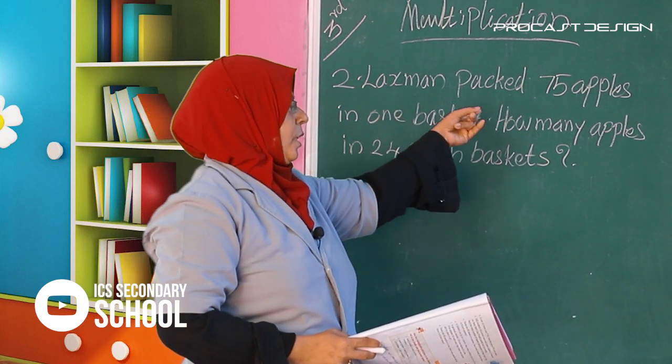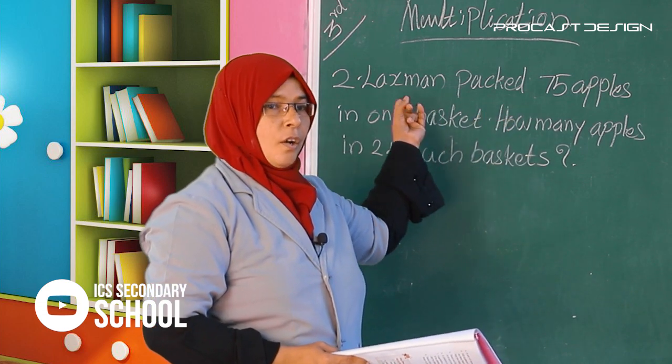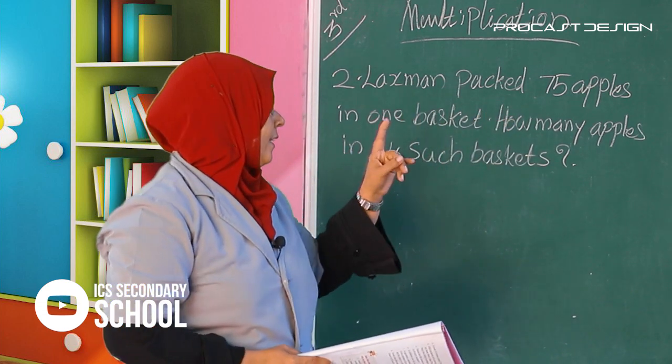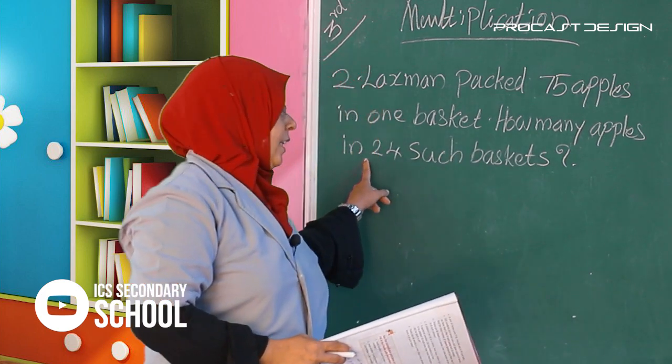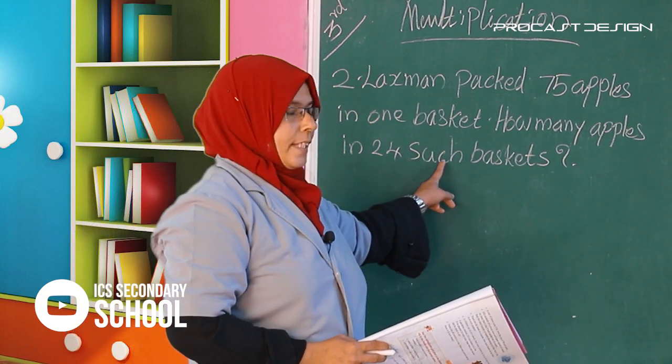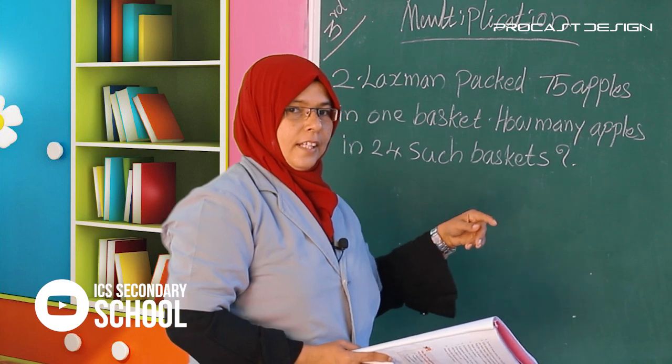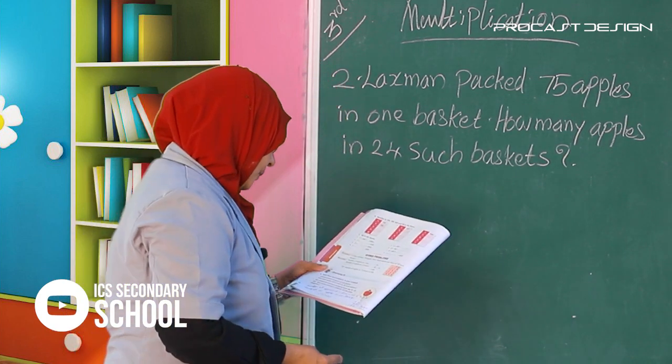How many apples in 24 such baskets? Lakshman packed 75 apples in one basket. Listen, how many apples in 24 such baskets? All of you listen.